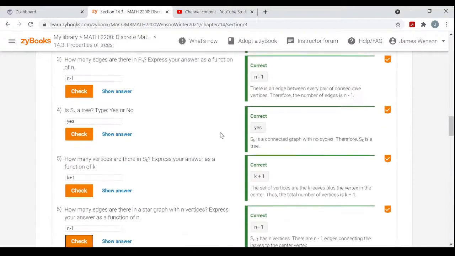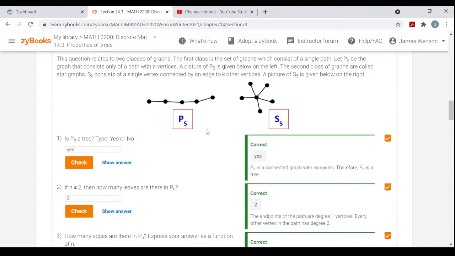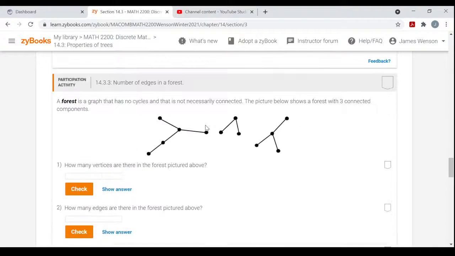That's a tree. That's a tree. That's a tree. But if you have multiple disconnected trees, disconnected pieces, they're calling that graph a forest. This is a forest with 3 trees, right? And the number of trees is the number of connected components of the graph. So here's a forest with 3 trees.